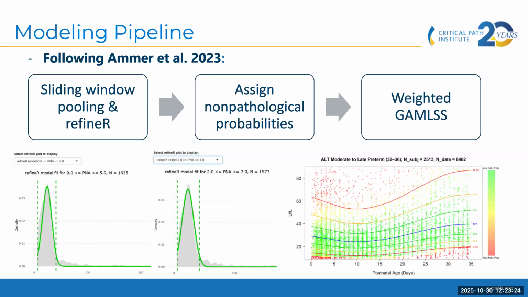And the statistical method, if anyone is interested, we can talk more about this offline and get really into the weeds with this, but it's a method that's called GAM-LSS, and that stands for Generalized Additive Models for Location, Scale, and Shape.